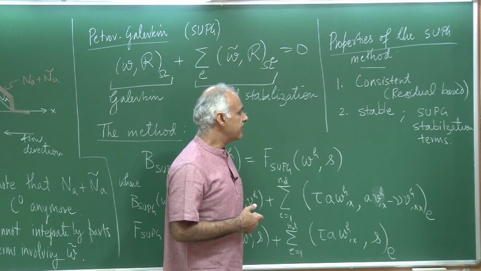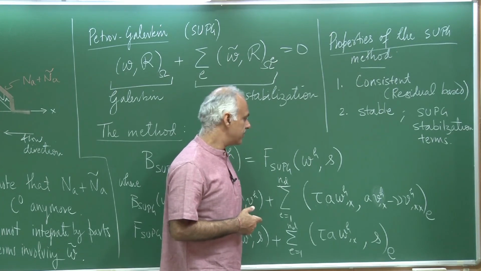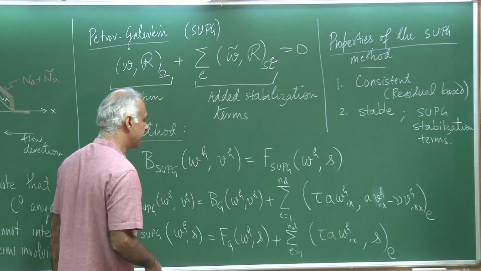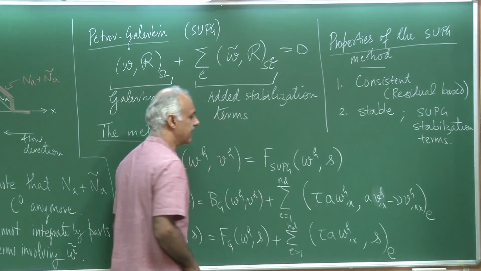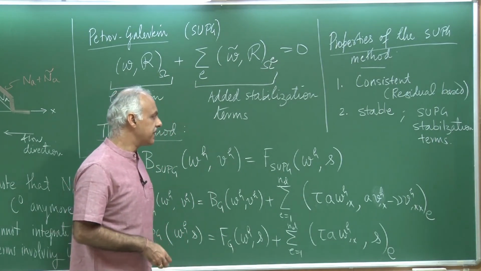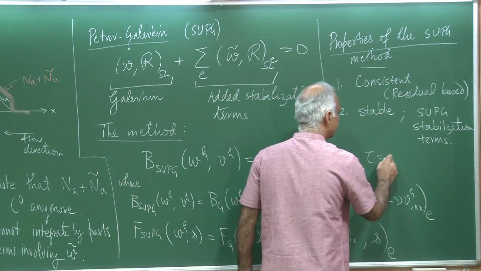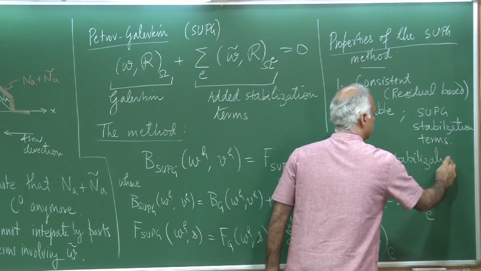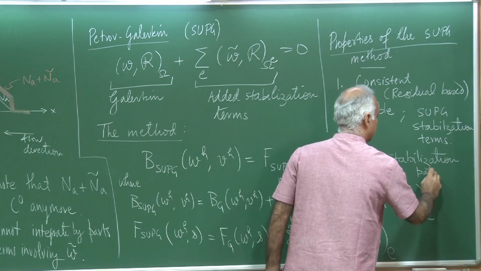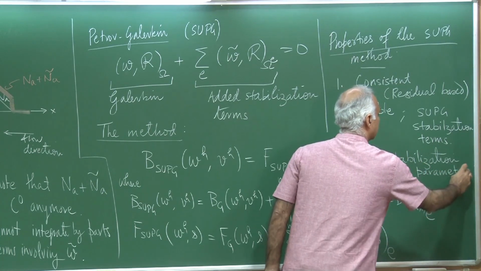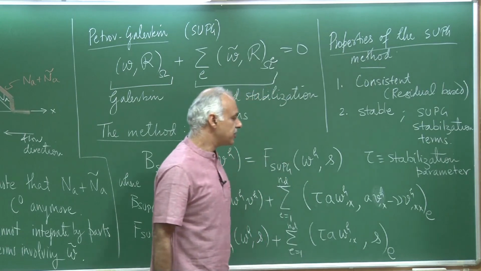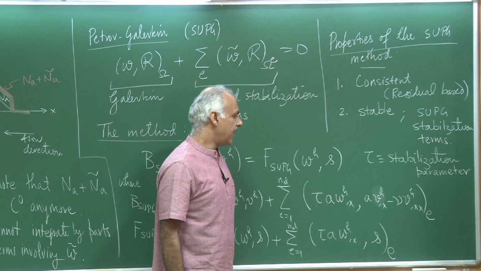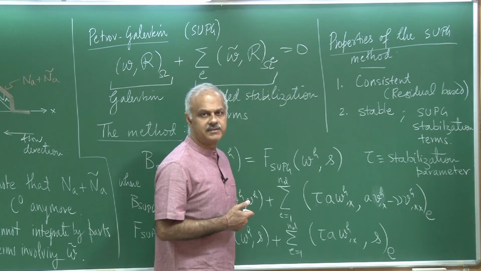If my Peclet number goes to 0, then the value of tau that we have been using, the stabilization parameter, tends to 0, and I reduce back to a Galerkin method.